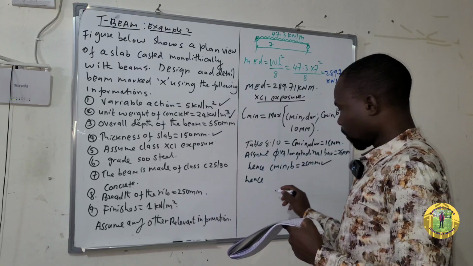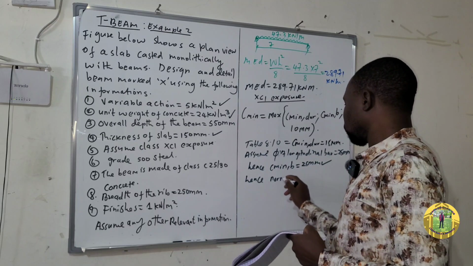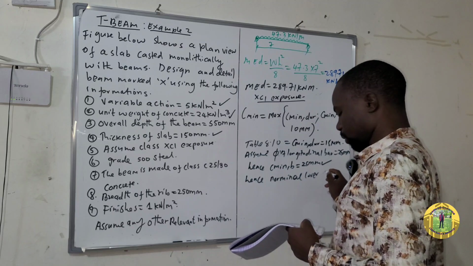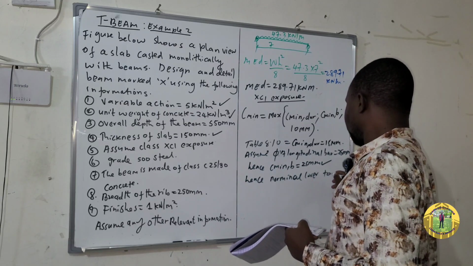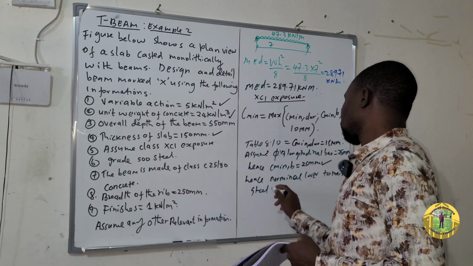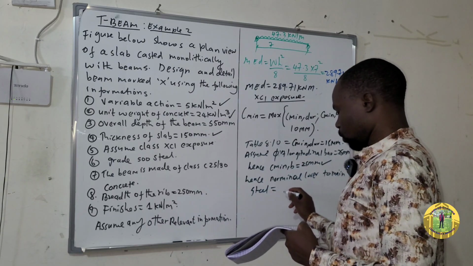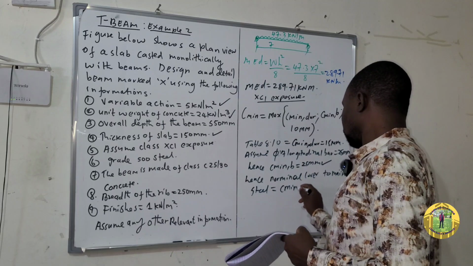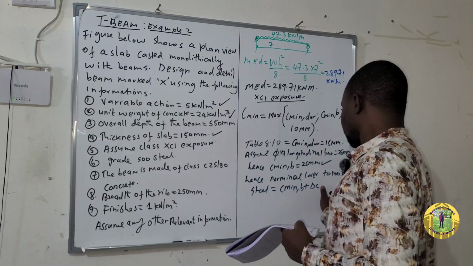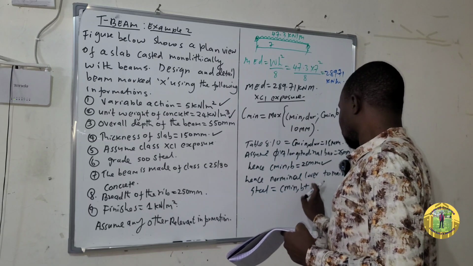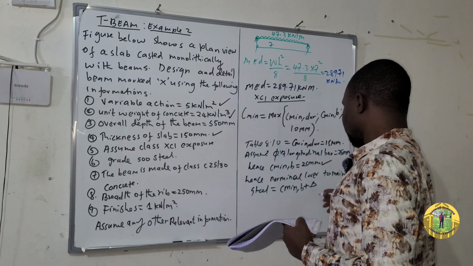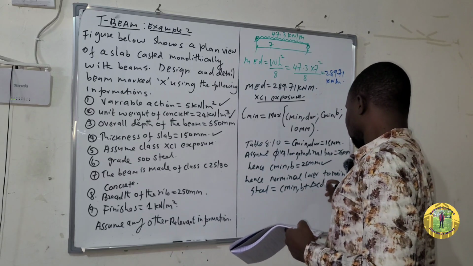nominal cover to main steel is equal to C plus deviation in concrete cover, which is 10 millimeters.